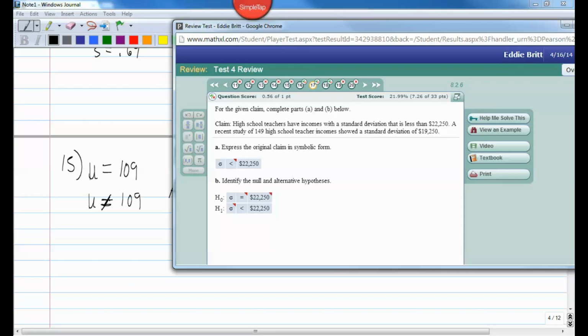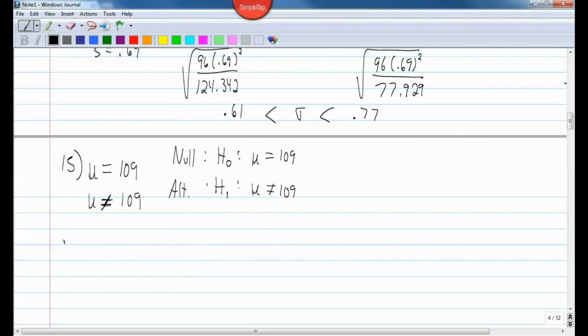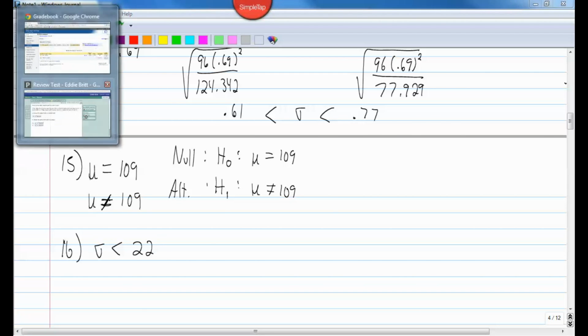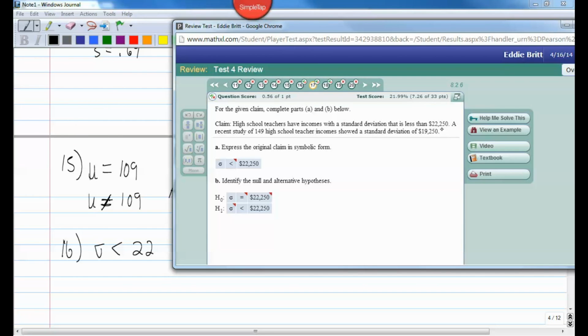So first, we want to express the original claim. Here's the claim. High school teachers have incomes with a standard deviation that is less than 22,250. So I heard standard deviation less than 22,250. Less than.